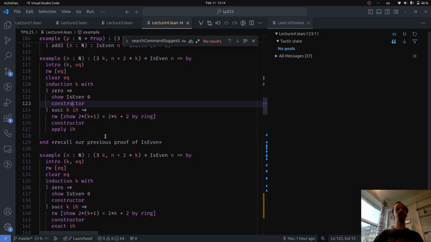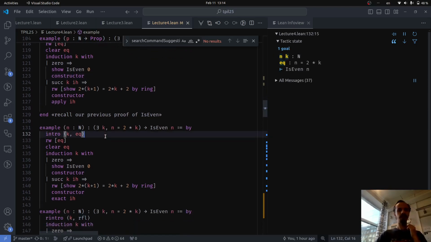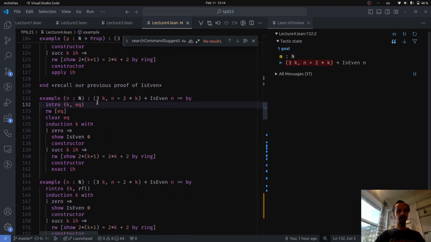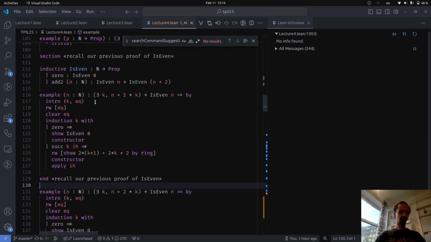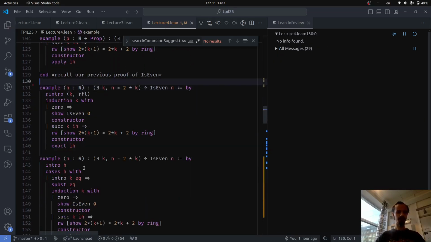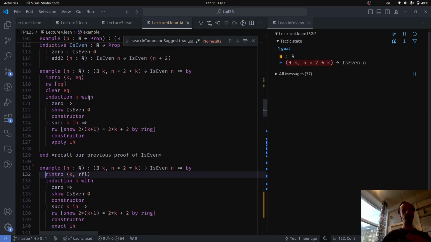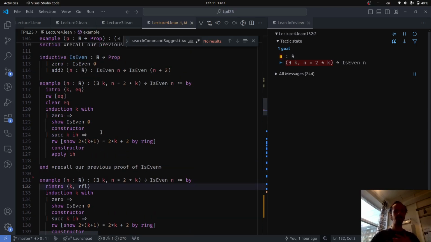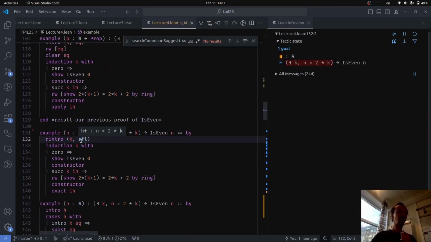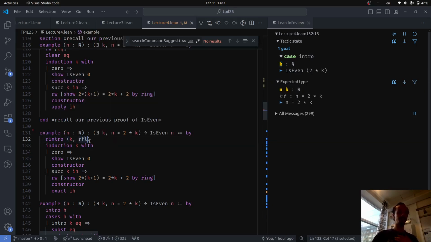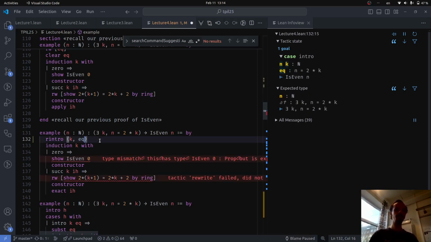So let me show you how we can do this in a better way using our intro. There's another pattern that you can use in our cases patterns, as they're called, which is REFL. So instead of writing EQ here, I write REFL.